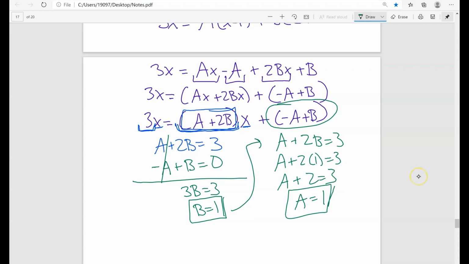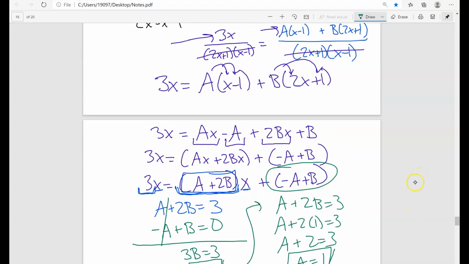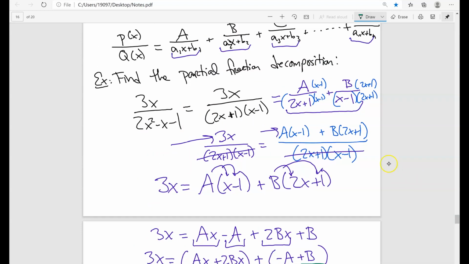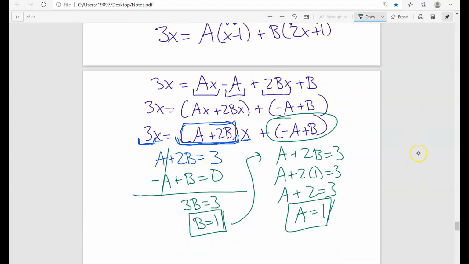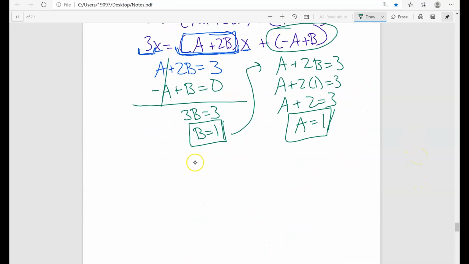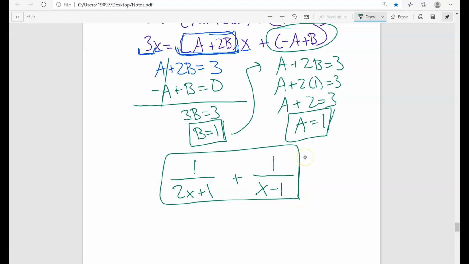So when you go back to your original equation, the partial fractions, I'm going to plug in 1. So basically what this means is that the partial fraction is 1 over 2x + 1 plus 1 over x - 1. That is my partial fraction.